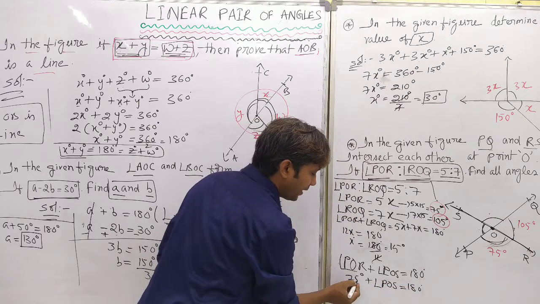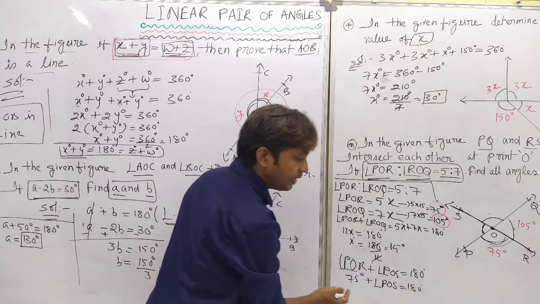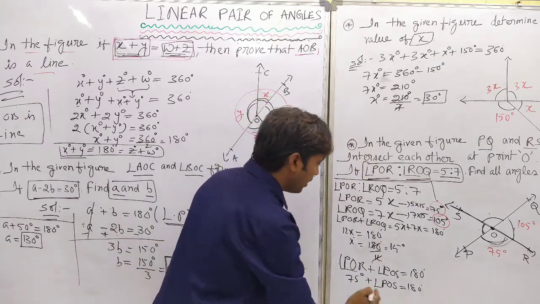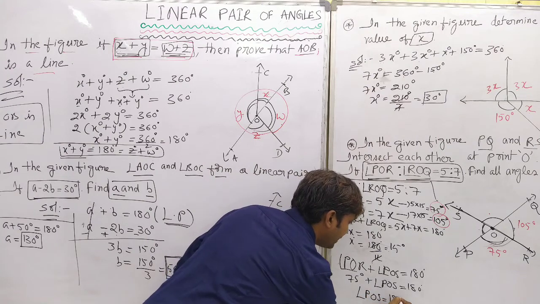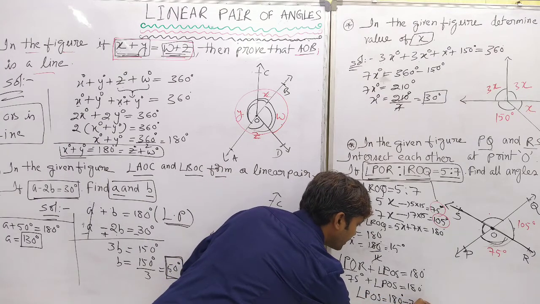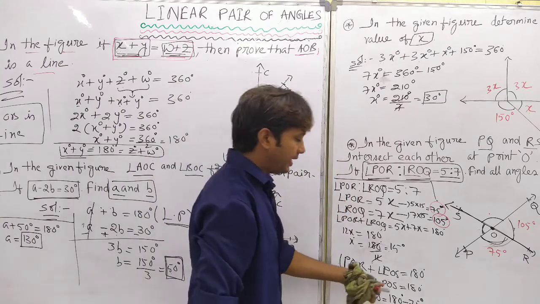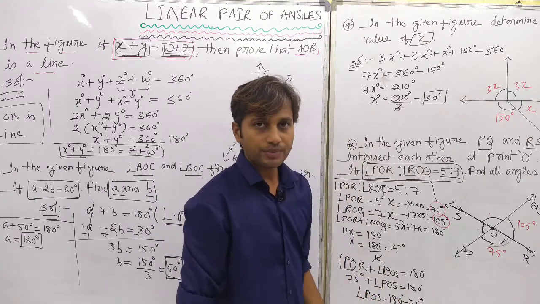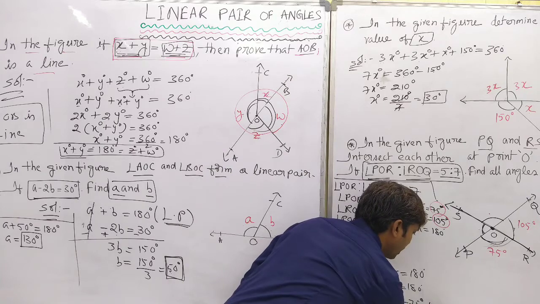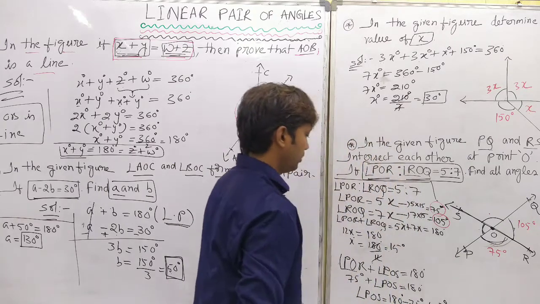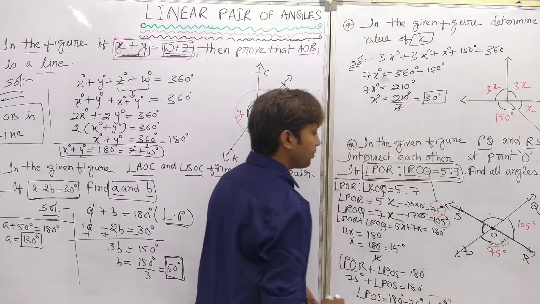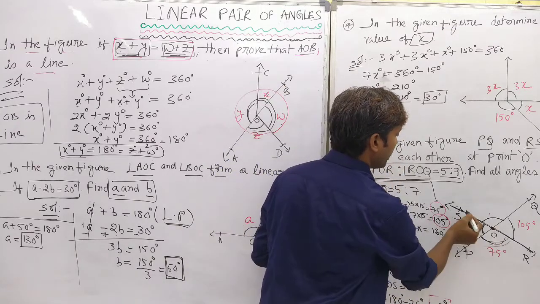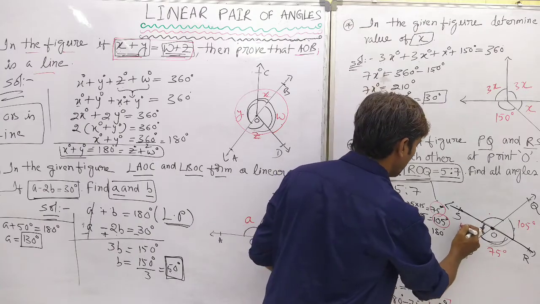If you take this 75 degrees to the other side of the equation, this plus becomes minus, so angle POS equals 180 degrees minus 75 degrees. 180 minus 75 would be 105. So we obtained POS, this one, as 105 degrees.